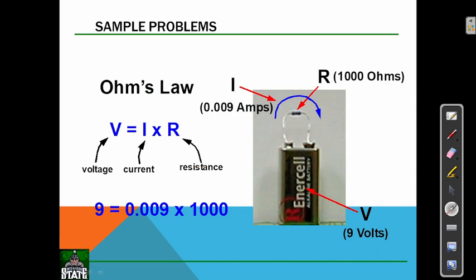Here we have one resistor of 1000 ohms, and the current passing through it is 0.009 amps. If you multiply these two, resistance 1000 ohms and current 0.009 amps, we get the voltage, 9 volts.